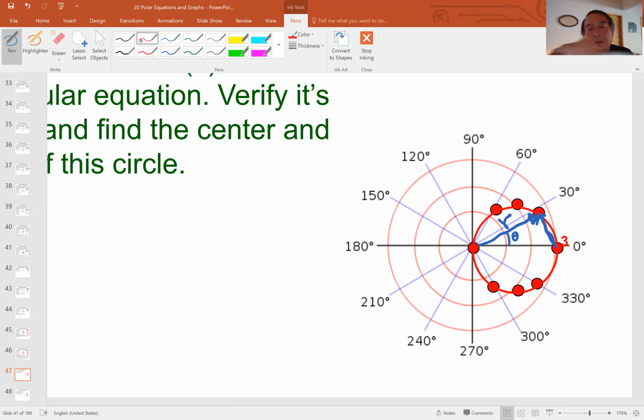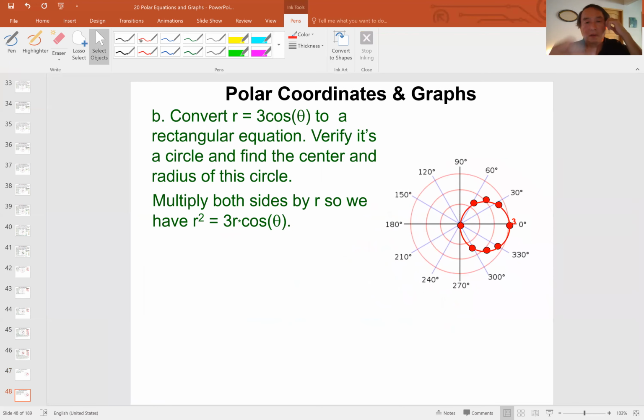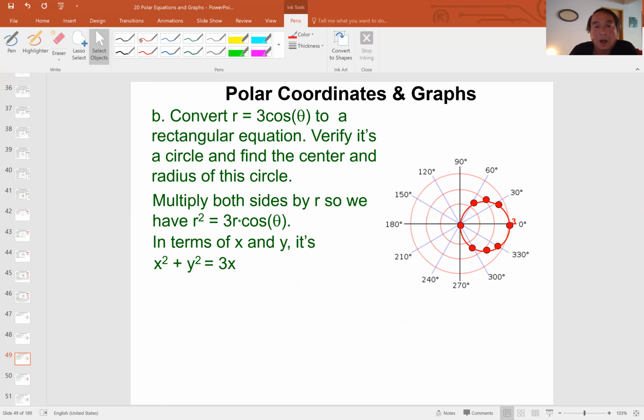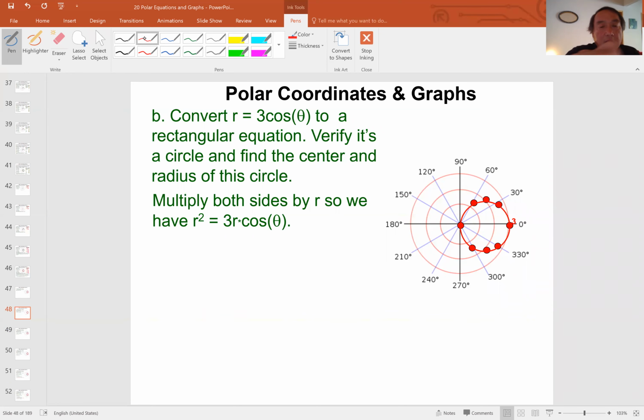If you look at that for a while, you say, oh yes, it's equal to 3 times cosine theta. So that's why we get this formula. Or else we can algebraically use the conversion rule. Usually if you see r, it can be converted: r cosine theta becomes x.